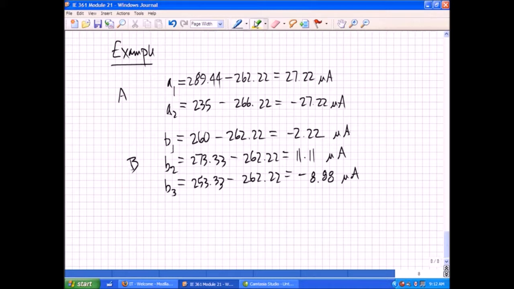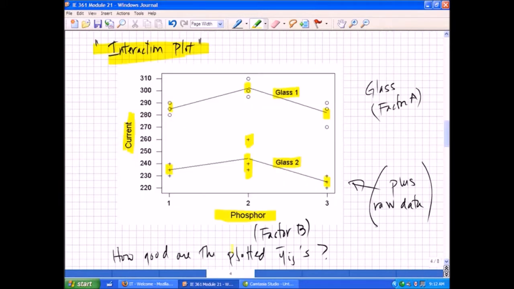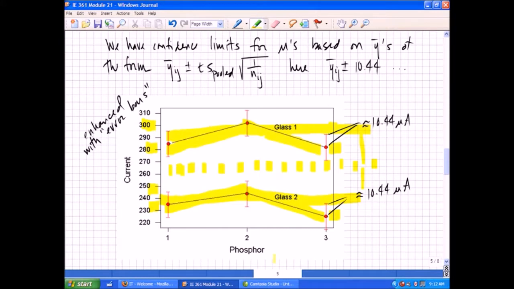In the first place, look at the signs here. The factor A fitted effect for glass 1 is positive; for glass 2 it is negative. That's a reflection of the obvious fact that glass number 1 means are above glass number 2 means. So the signs on A1 and A2 tell us that current requirements for glass 1 are above current requirements for glass 2.